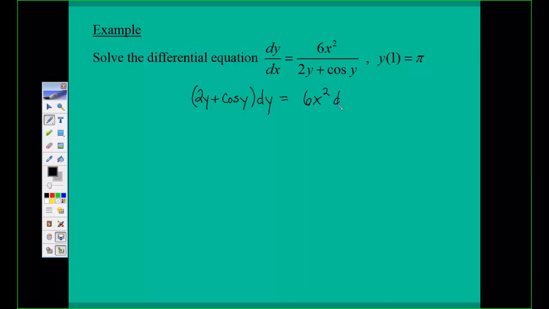And again, this is writing the equation in differential form. We studied differentials a while back where we had dy equals f prime of x dx. Instead of writing dy/dx, we wrote it in differential form. This is called the differential form.